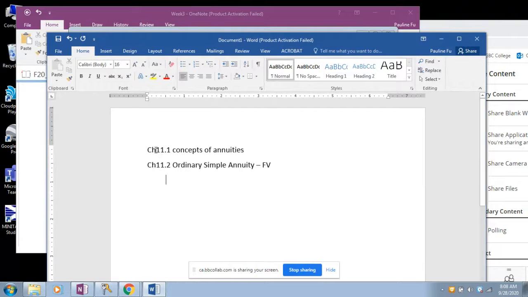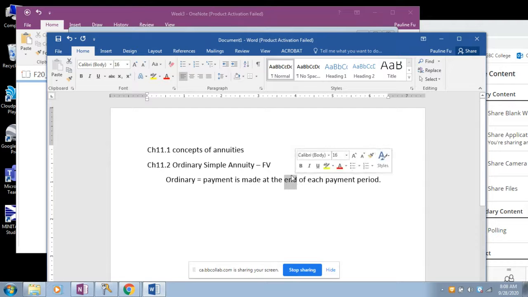The keyword ordinary means payment is made at the end. So the keyword is end. That is ordinary. Simple means number of payment per year.